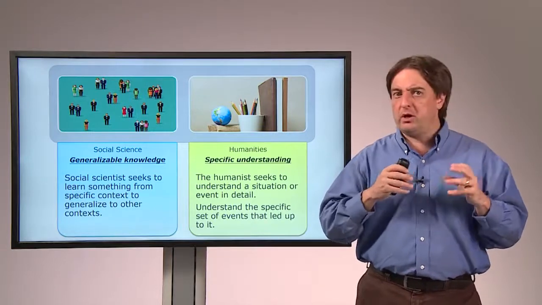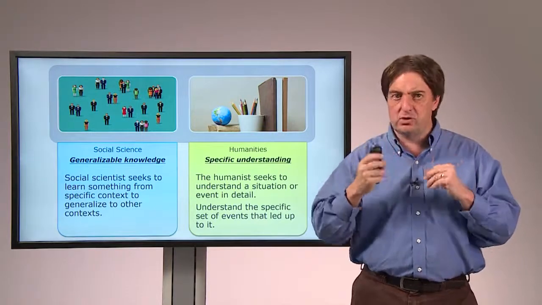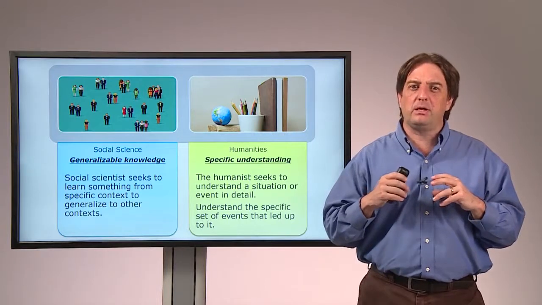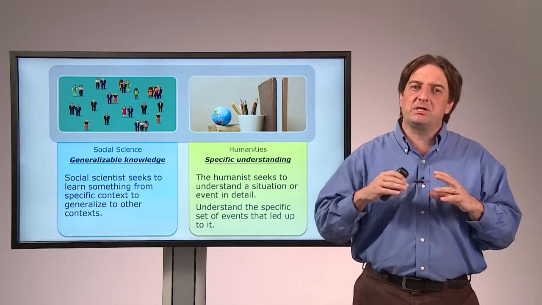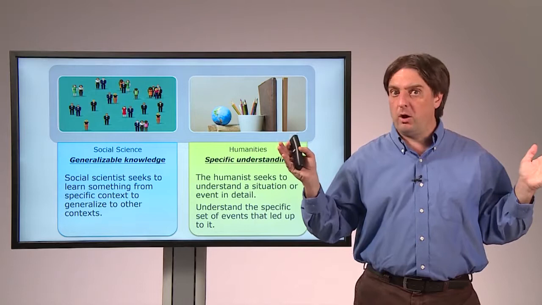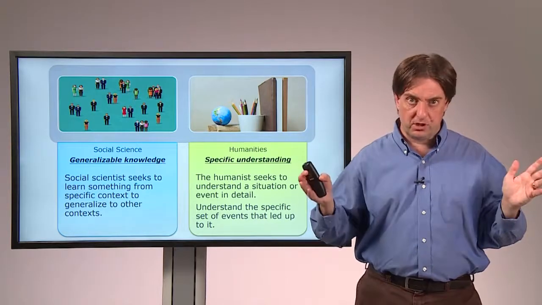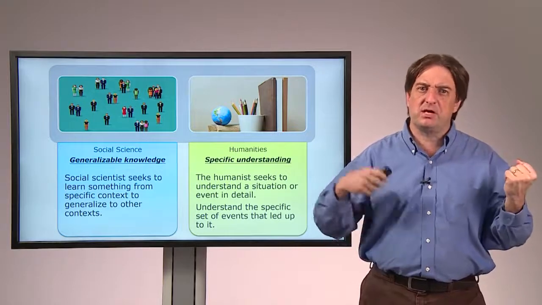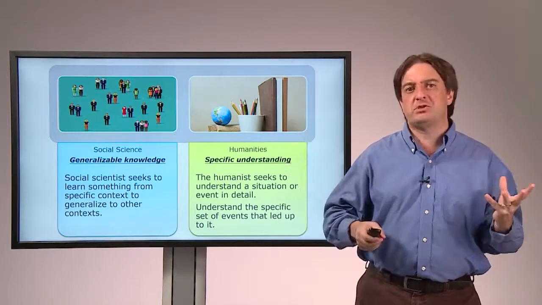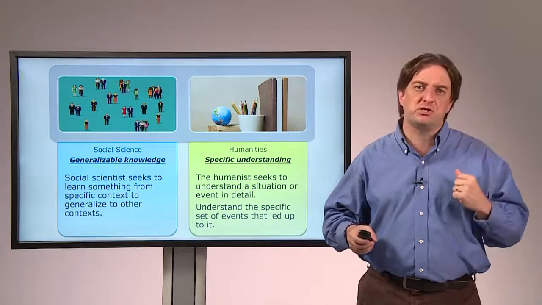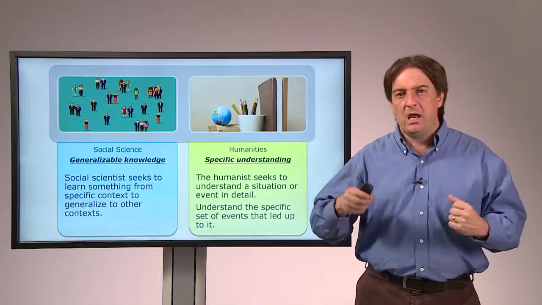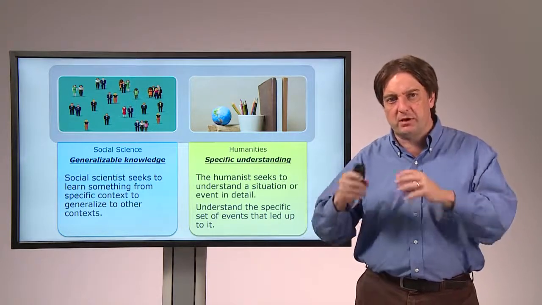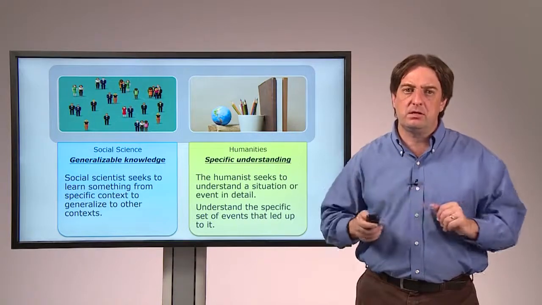So the historian who's studying a specific revolution may not be particularly interested in making a statement about revolutions overall or rapid social change. So again, this is the key distinction between social science and the humanities. The emphasis on generalization and generalizable knowledge in social science, and the interest and the focus on the specific in the humanities.